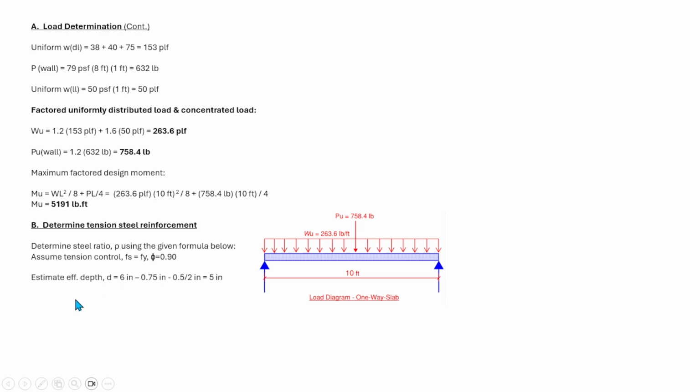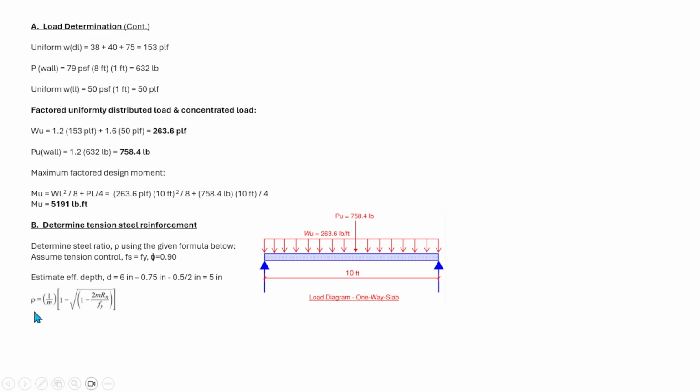First we need to estimate the effective depth of the slab, that is d is equal to 6 inches minus 0.75 inches, that is the clear cover of the slab, minus half the diameter of the reinforcement, assuming that the rebars we are going to use are 0.5 diameter, which is number 4. That is equal to 5 inches, that is the effective depth of the slab.